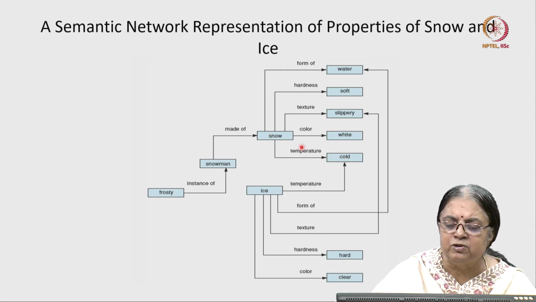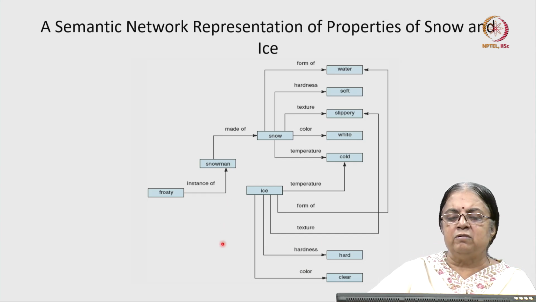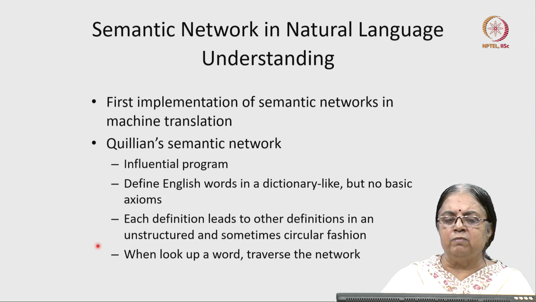So, that is the temperature, color, texture, etc. And ice actually is the hardness, right. So, ice is hard and the snow is soft, basically the texture, right. So, these are different methods. This is one way of representing the semantic network for this particular problem, right.